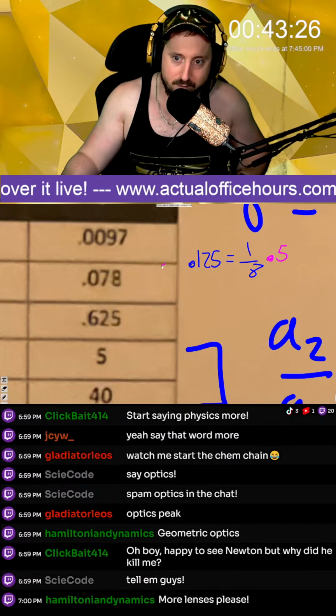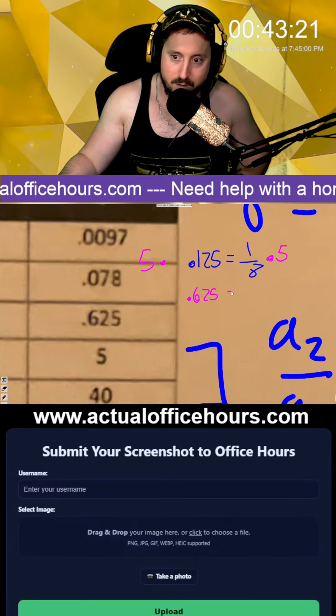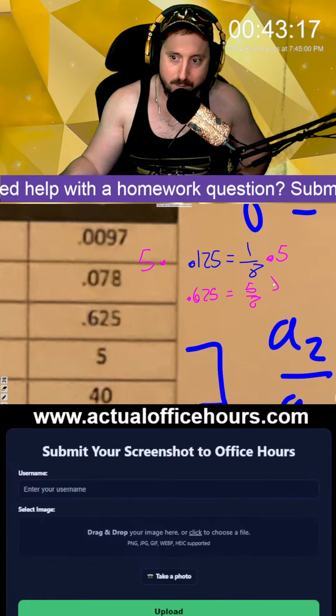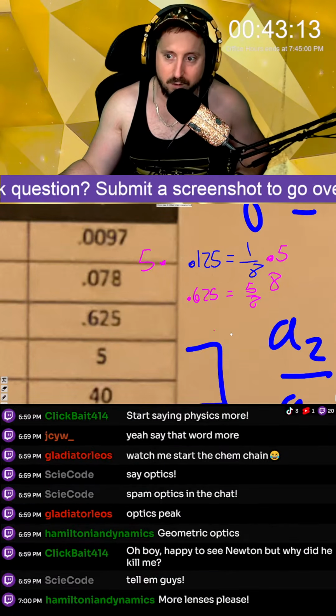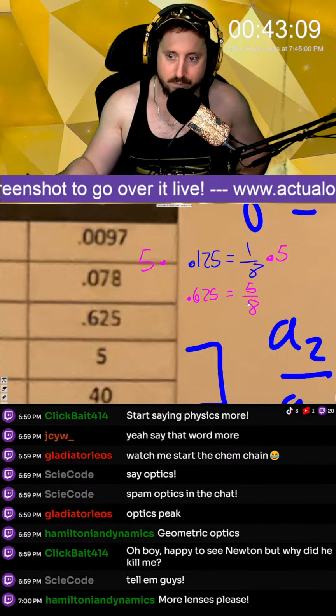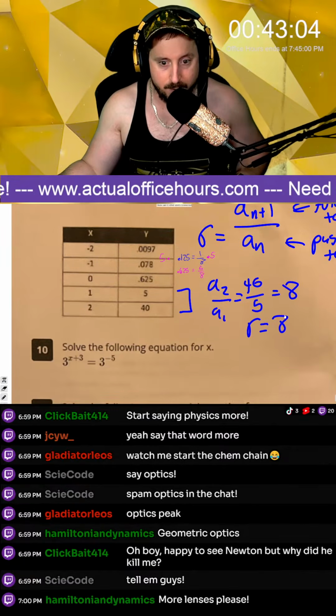Times 5, times 5. This gets me 0.625 is equal to 5/8. And that's why when I multiply this one by 8, I get 5. Just a little hint. Does that make sense, Blue? Why the common ratio is 8 there?